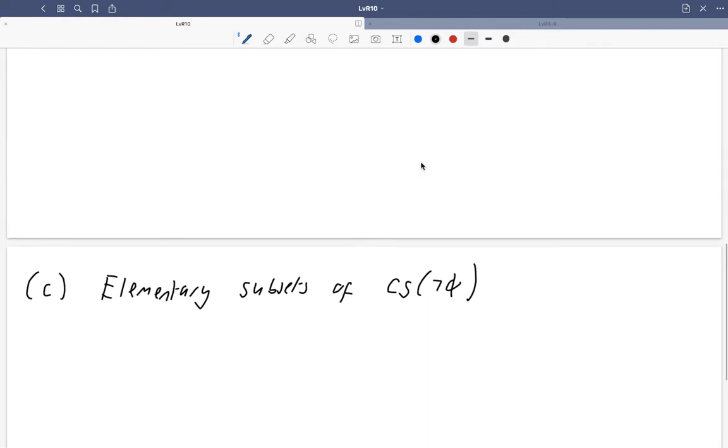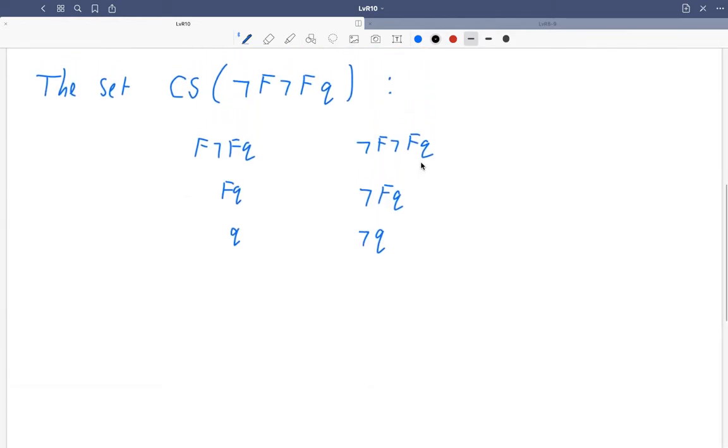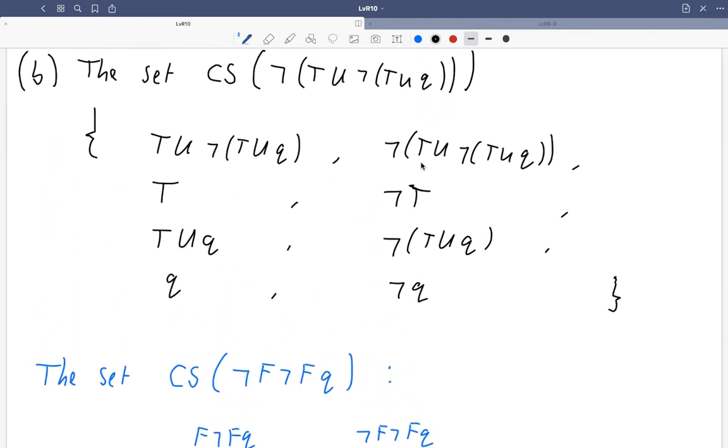Right. So here we have our complemented subformulas, and our elementary subsets are going to contain, for every formula in the complemented subformulas, either it or its negation. So for each line here, we need one of these formulas, either the positive formula or the negated formula.